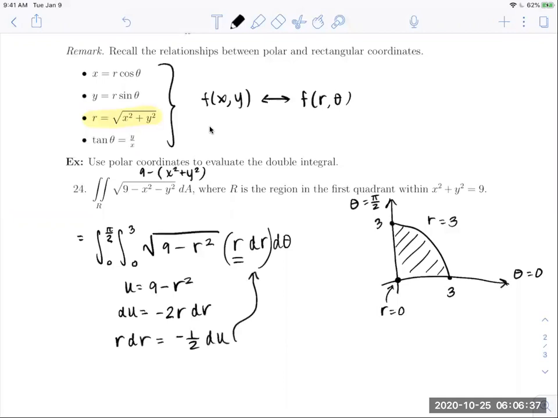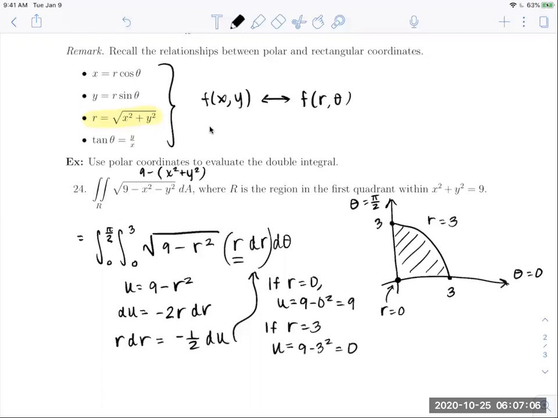You can also decide if you want to change your limits of integration or if you want to resubstitute back in terms of r. I'm going to go ahead and change my limits of integration. So if r equals 0, then u is 9 minus 0 squared, which is 9. And if r equals 3, then u is 9 minus 3 squared, which is 0.